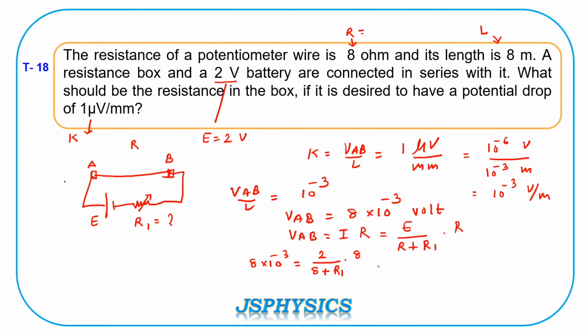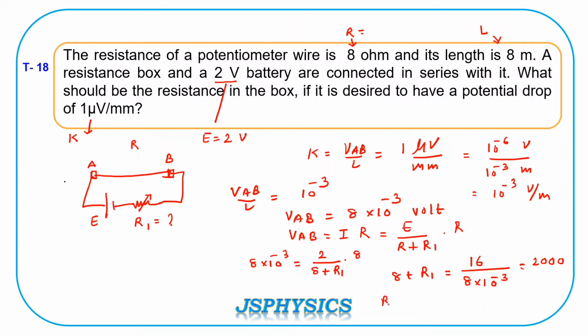So we can write 8 plus R1 is equal to 8 into 2, that is 16, divided by 8 into 10 raised to minus 3, which is given by 2 into 10 raised to plus 3. So that gives me 2000 ohms.